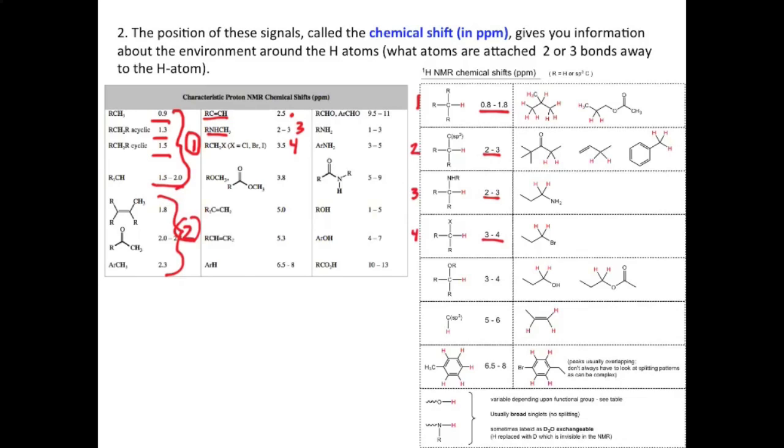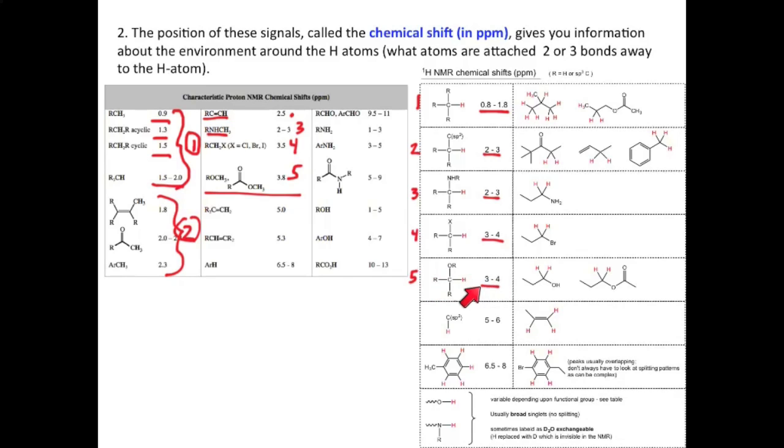Next on our chart, a very important one, H to C to O. This is the fifth row. That's shown in the table here. So let's look at how I demonstrate this. Number 5. Now I'm talking about a hydrogen connected to an sp3 carbon, and that sp3 carbon is attached to an oxygen.